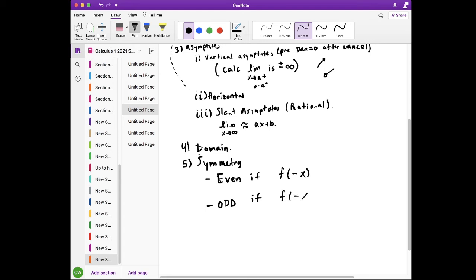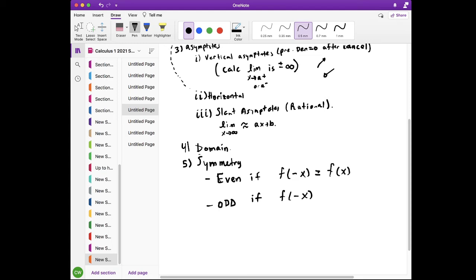So you always look at what happens when you plug in the similar point across the y-axis, the same x value. So what happens when you plug in negative x? What does it mean to be mirrored over the y-axis? When you plug in the negative, what should your y value be? Yeah, it should be the same as when you plug in the positive.